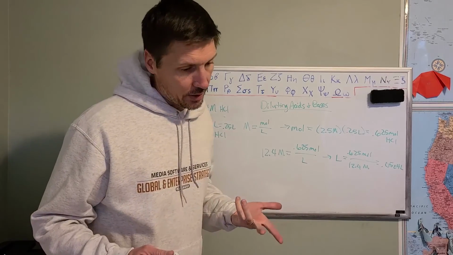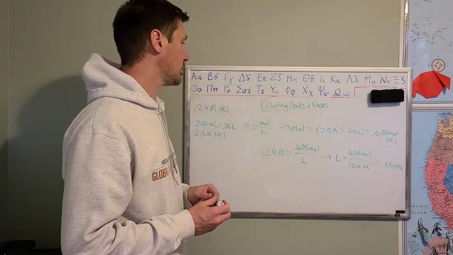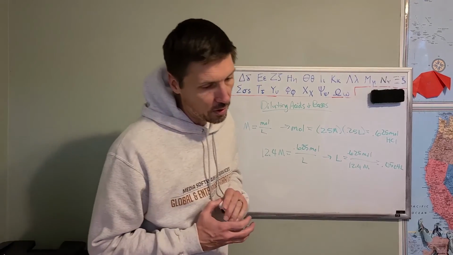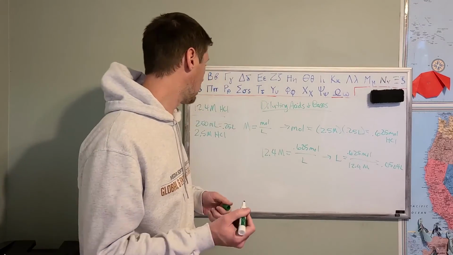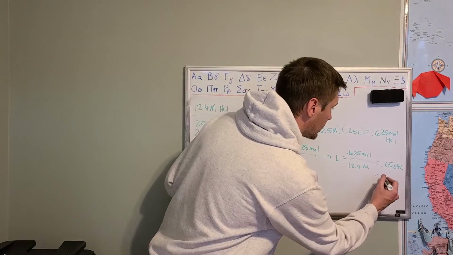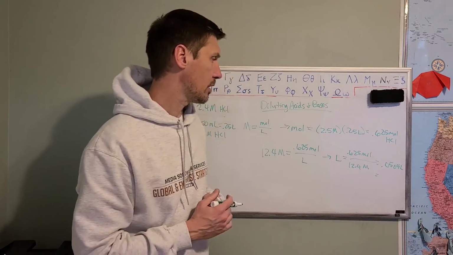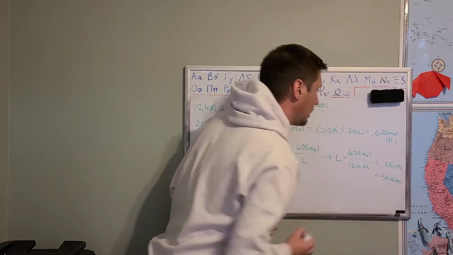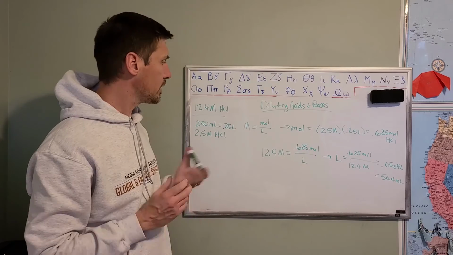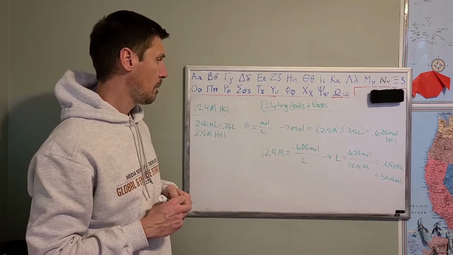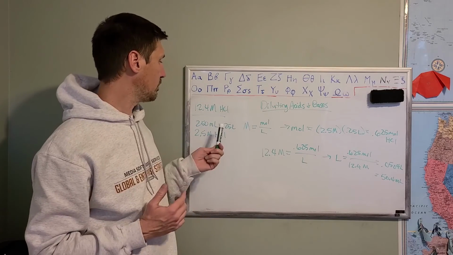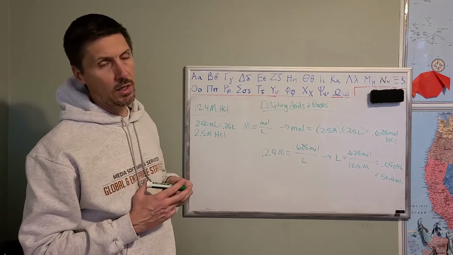Is that the final answer? That is not the final answer, because once we pour out 0.0504 liters of this solution, or we can convert that and say that that's 50.4 milliliters, that gives us the right number of moles, but we need 250 milliliters of our solution.